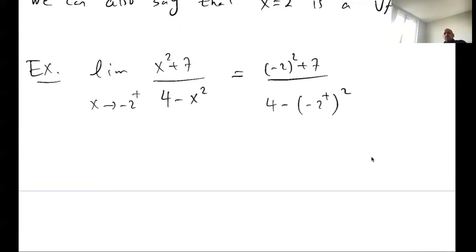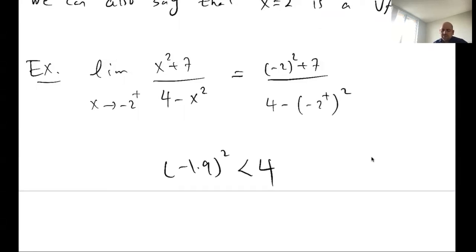So minus 2 from right means a little bit bigger than minus 2, for example, minus 1.9 or minus 1.99. So if you have minus 1.9, you raise it to power 2, what do you get? You get a number a little bit less than 4, right?